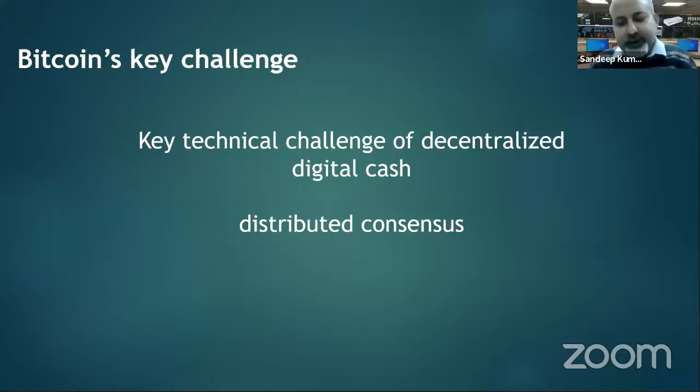And it has been shown theoretically that consensus is impossible when some of the machines can crash. This is a very famous theorem by Nancy Lynch and others: if any of the computers can crash at any time, then arriving at consensus is impossible.